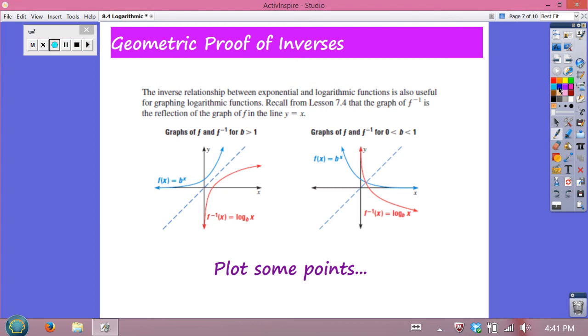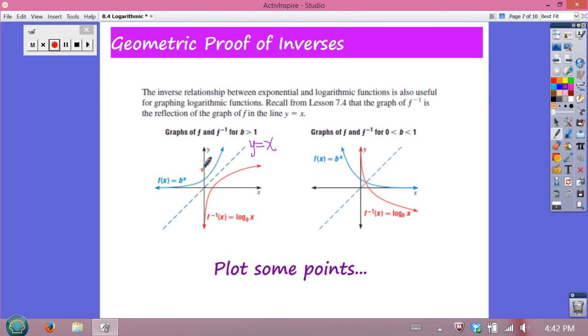Okay, next slide. This is just showing you a little bit of the geometric side of things. Remember, inverse relationships, exponential and logarithmic functions are inverses of each other, so this is just showing you on a graph that that is true. This here is the line y equals x. And if something is an inverse of something else, we know that it's going to be a reflection over the y equals x line.